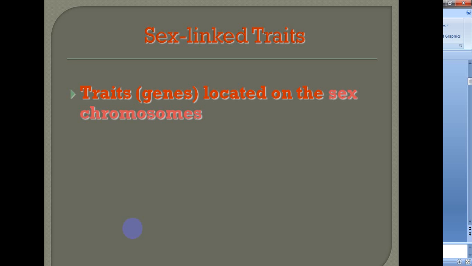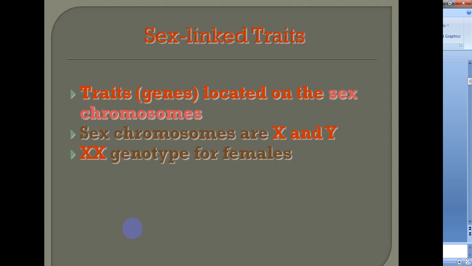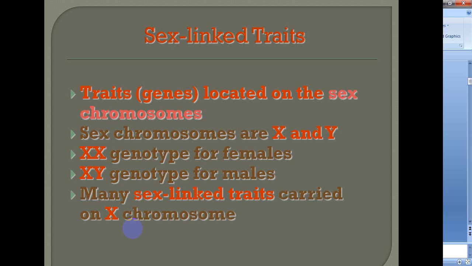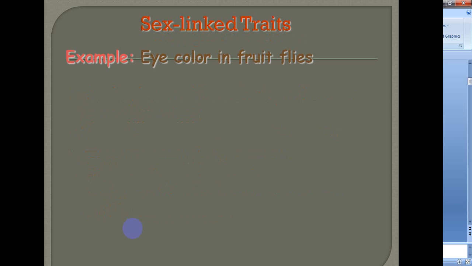In human beings, these traits are located on either the X or the Y chromosome. For females the genotype is always XX, whereas for males it is always XY. Many sex-linked traits are carried on the X chromosome. Now let us see the eye color in fruit fly.